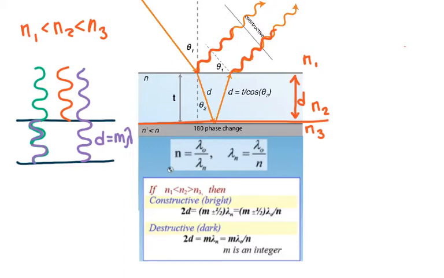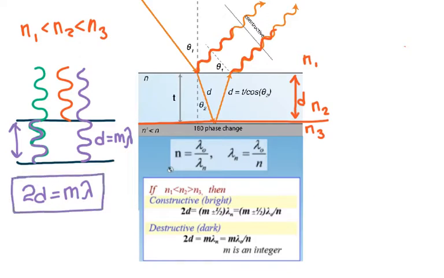If I have 2 times the distance, there and back, that distance twice equals the number of wavelengths. So I had 2 wavelengths in and 2 wavelengths out, so there are like 4 wavelengths. I'm going to get constructive interference in this case.